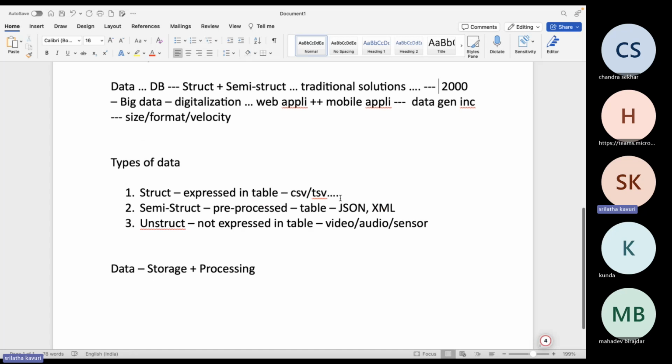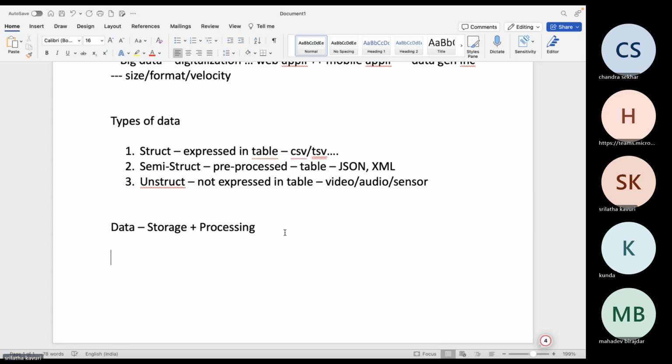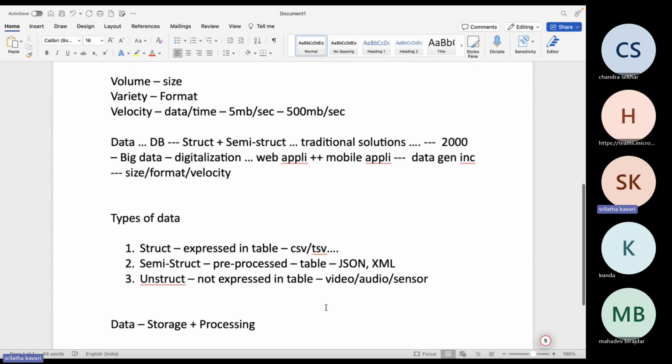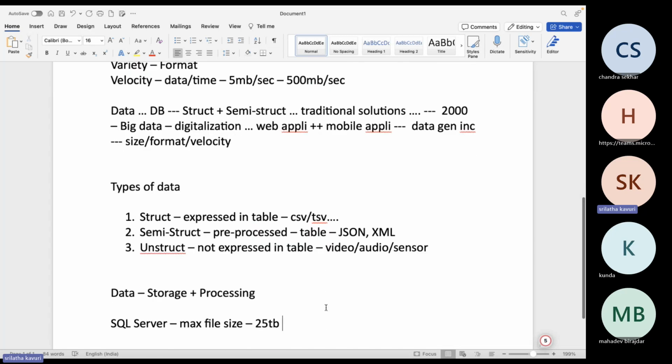When we say difficult, let's consider SQL Server here. In SQL Server, the maximum file size capacity is around 25 TB, so a single file can be of size 25 TB. But let's say a lot of people are using your application and the data is continuously growing, and your file size is getting to somewhere around 35 TB. The data is structured only, since SQL Server can only accommodate tables and nothing else.